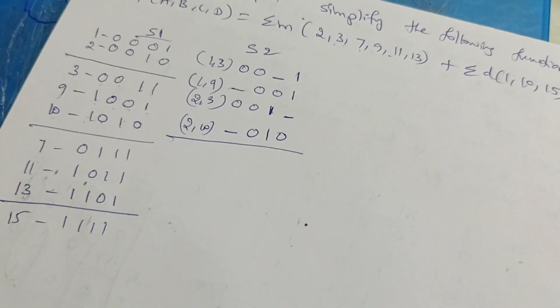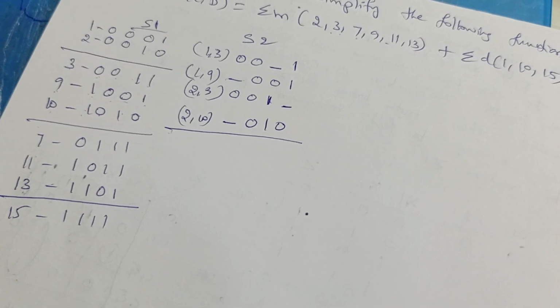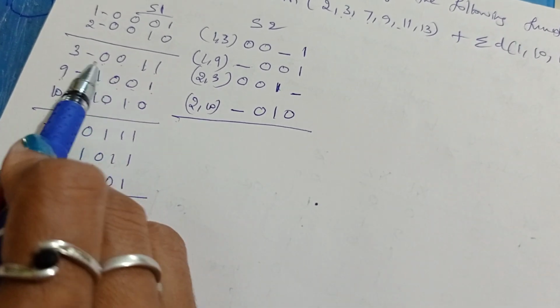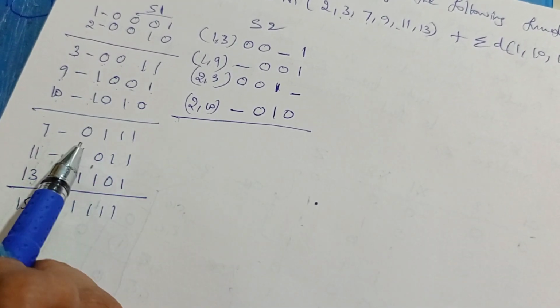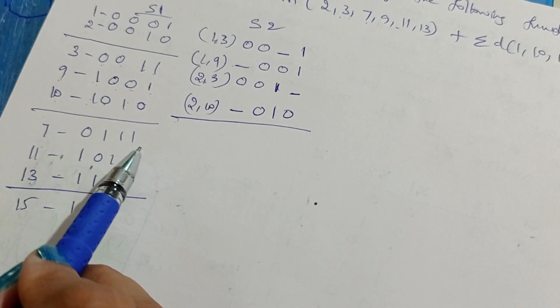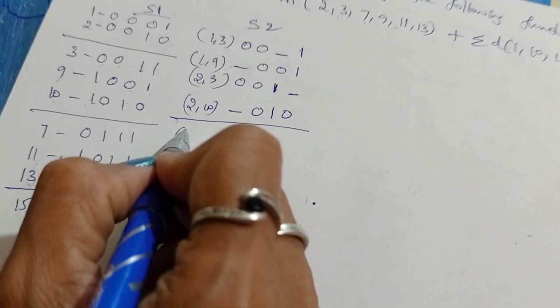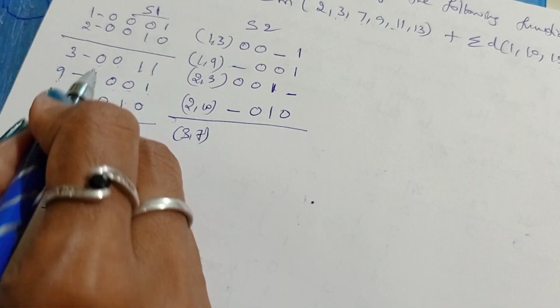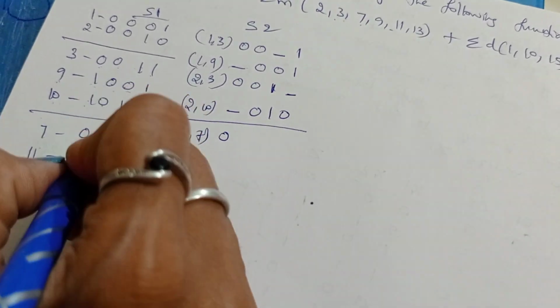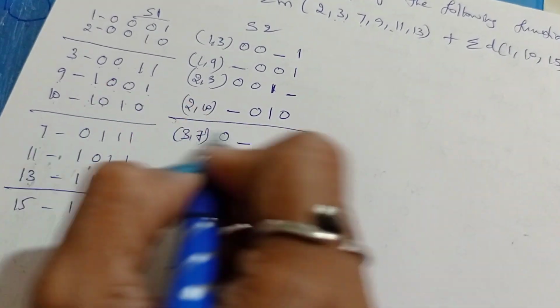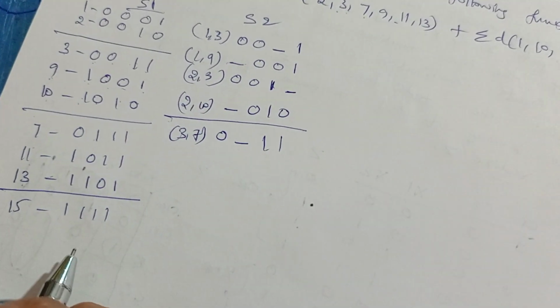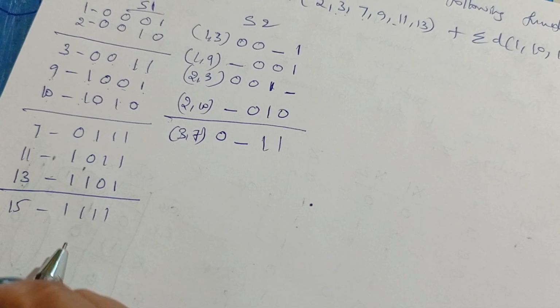So the 2 terms compared with the next group completed. Now we'll compare the second group with the third group, that is 3, 0, 0, 1, 1 with 0, 1, 1, 1. So here only one bit is changing. It is paired, that is 0 as it is, here a change, so hyphen, next two variables as they are, 1, 1.